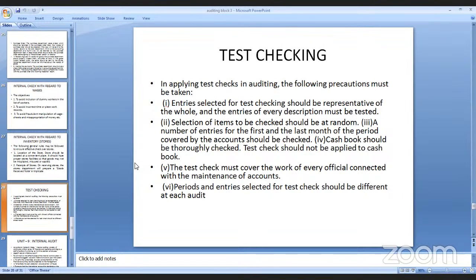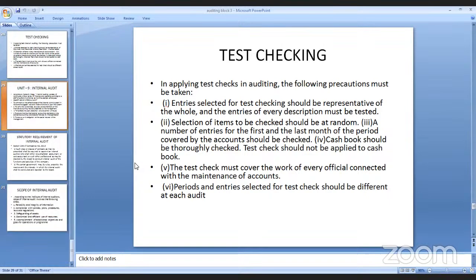Here, test check means you are checking randomly the organizational transactions. The meaning of test checking is that the check or verification of transactions will be done randomly. So, for example, maintenance of accounts details, or else cash book, sometimes cash book, and sometimes all the transactions which are conducted in the first and last months will be checked.